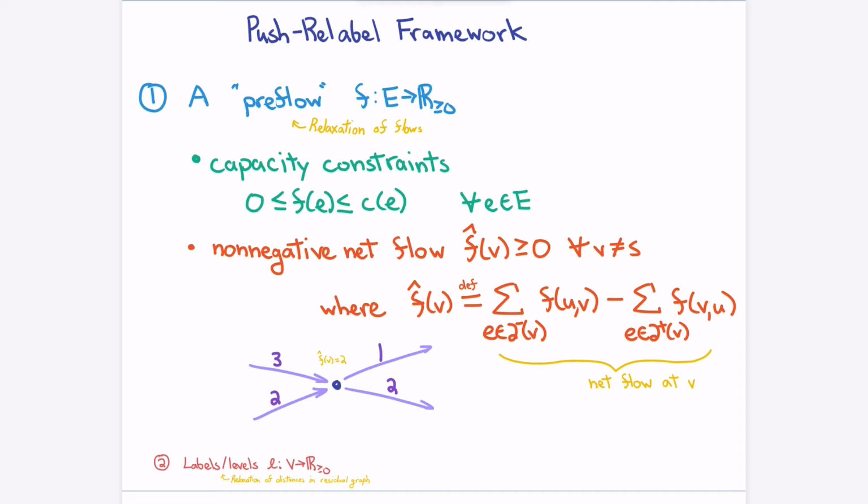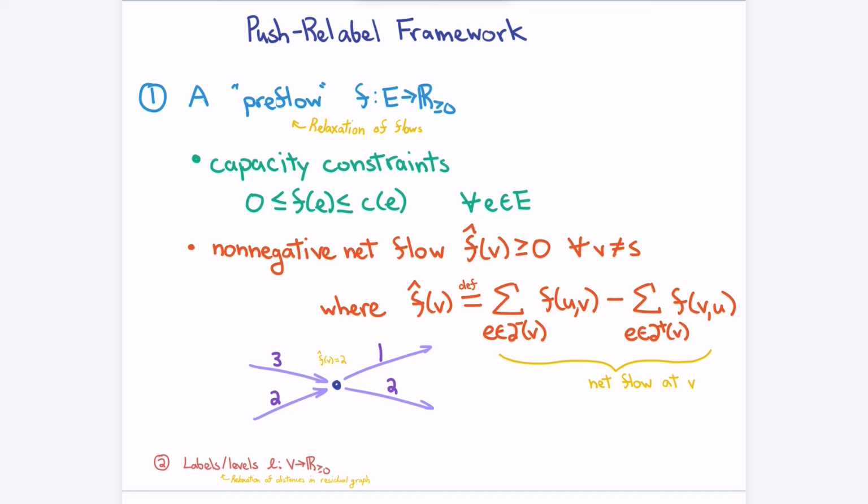In a perfect flow, the net flow in any intermediate vertex should be zero. What goes in is exactly what goes out. But now we're going to relax it so that you can have too much flow going in. So you can have, in this case, 5 units of flow going in, 3 going out. So it's positive 2. There's kind of 2 units of flow sitting here that we haven't figured out what to do with.